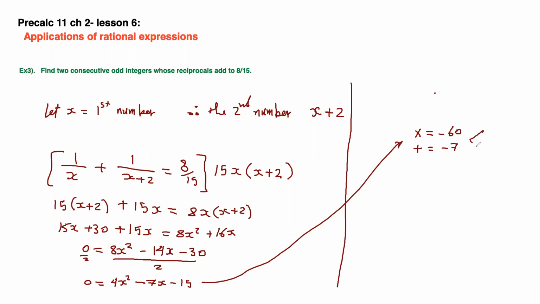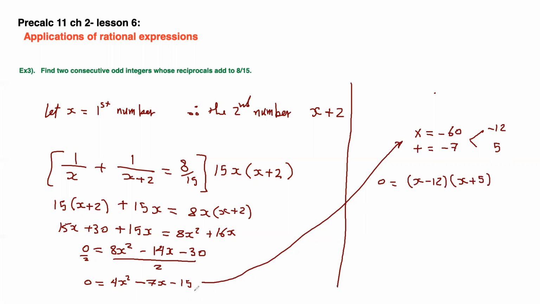So the two numbers are negative 12 and 5, which multiply to give me negative 60 and add to give me negative 7. So I write 0 equals x minus 12, x plus 5.